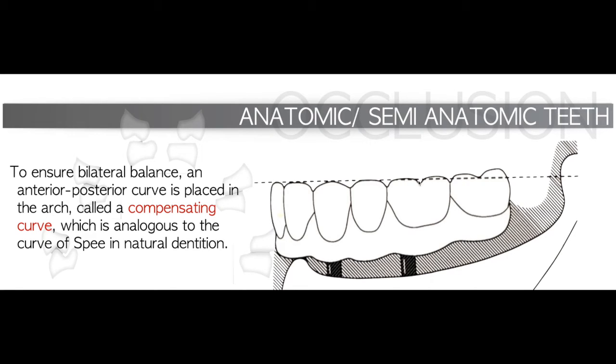But when you look at the distal buccal cusp of the first molar, it's half a millimeter higher, and the second molar major buccal cusp will be 1 millimeter taller than the initial height, and the distal buccal cusp of the second molar is 1.5 millimeters higher than the initial height. This is called the compensating curve and is showing the curve of Spee, the anterior-posterior curve.